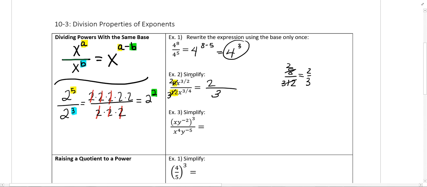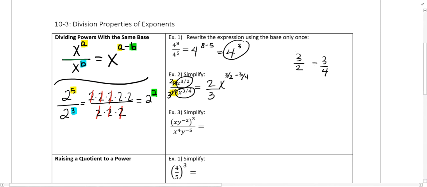Let's talk about the x's. Actually, let me erase this giant fraction bar. These we're going to subtract our exponents, so that's going to be x to the 3/2 minus 3/4. Yes, these are fractions. And yes, to subtract fractions, you need common denominators. So you might want to do this part on the side.